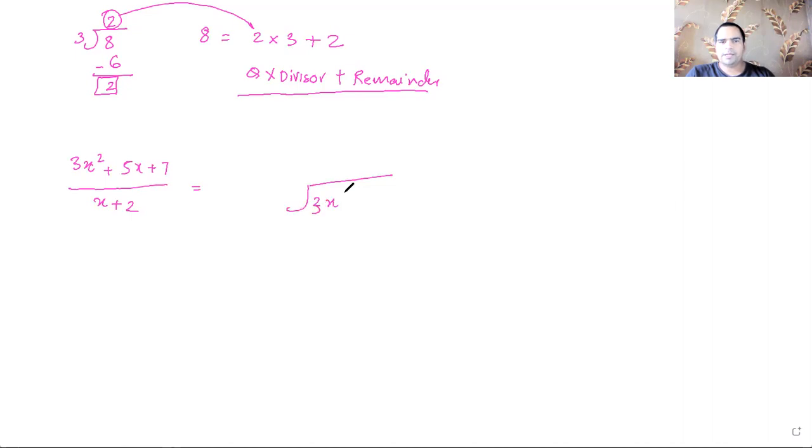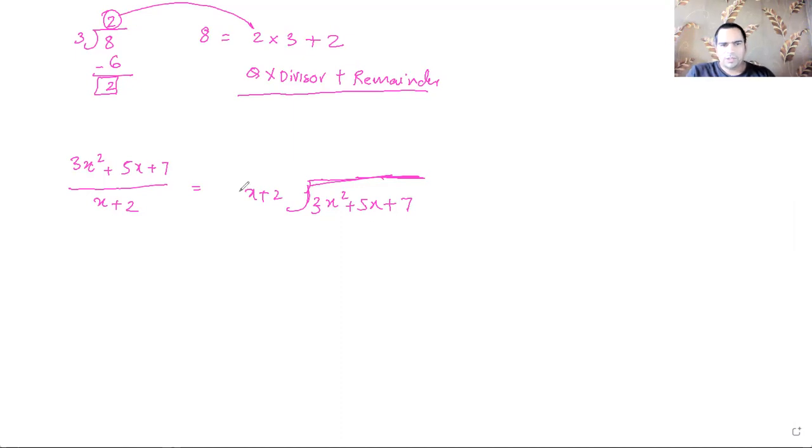So 3x squared plus 5x plus 7, and now I'm going to start my division process with x plus 2. The first step to be careful about is that in the division process we start canceling the first variable-number combination. Our objective is to get rid of them, and accordingly you decide the quotient.